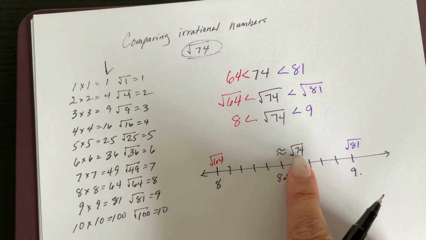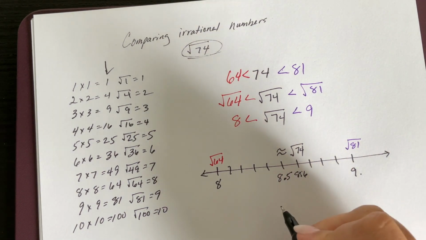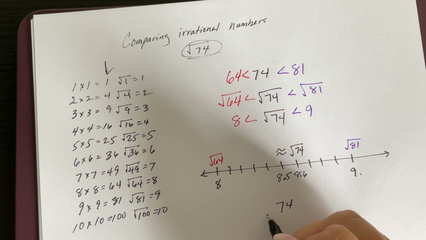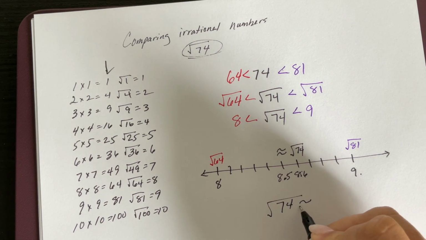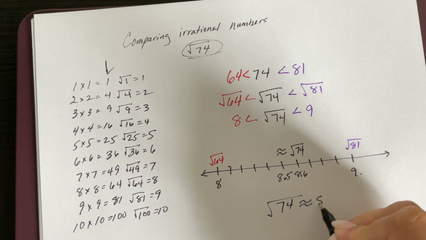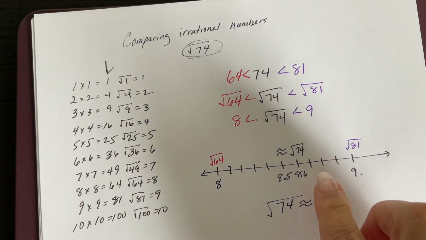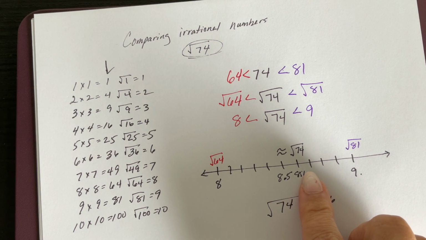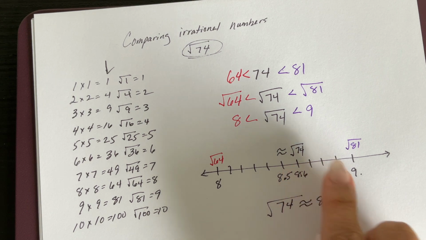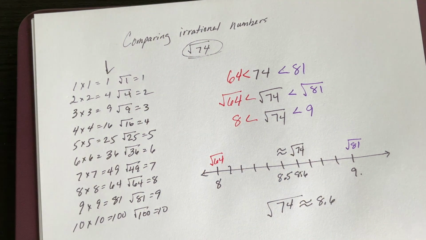Square root of 74 is approximately 8.6. Some of you might have said, I think it's closer to 8.7. Some of you might say, that's closer to 8.5. But we're going to go ahead and do an approximate.